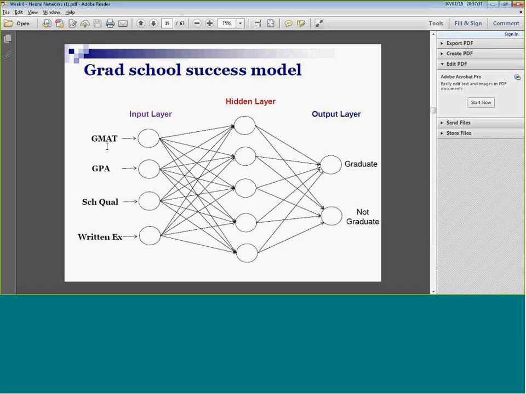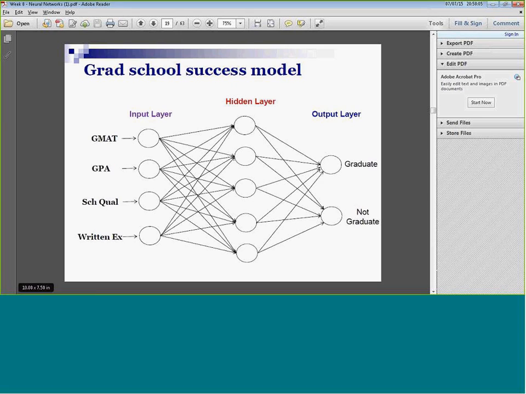Now I've changed it a little bit. I've said this is going to be a binary output, either yes or no. They graduate or didn't graduate in the master's program at UMUC. Let's say we decided these were the key inputs: the GMAT score, Graduate Management Admission Test, the GPA in their undergraduate, the quality of the school they went to for their undergraduate, and a grade on a written example they submitted.